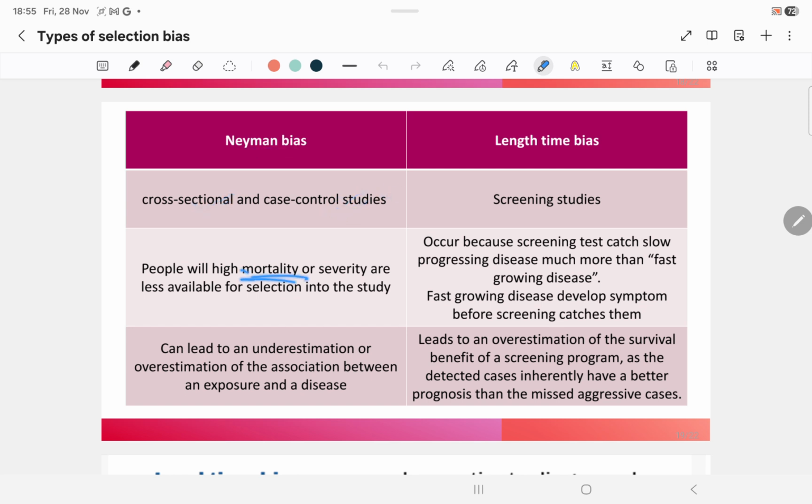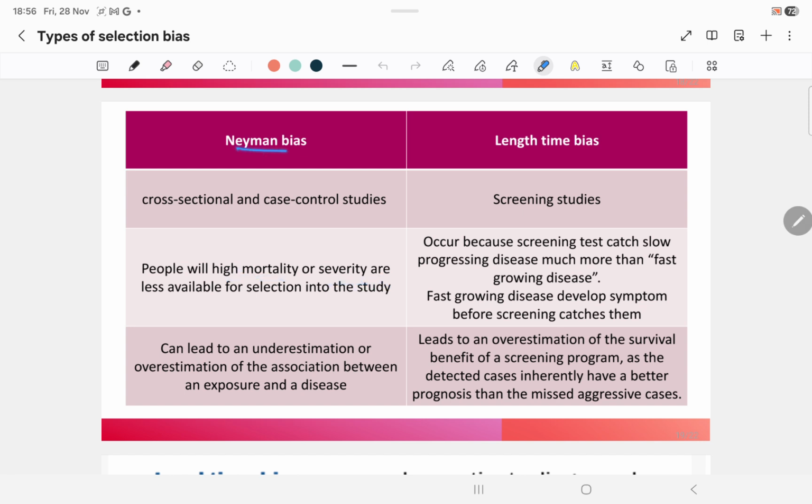People with high mortality or severity are less available for selection into the study. So you are doing a cross-sectional or a case control study, but patients with high mortality or severity will not be able to participate in the study. They want to be at their home and don't want any disturbance.